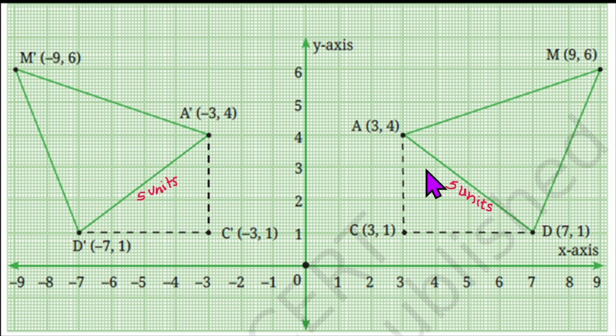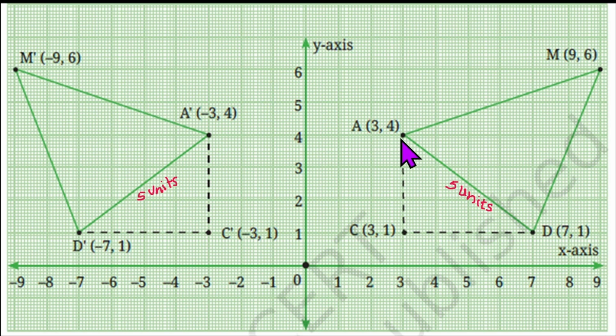And this is very interesting here. We have a triangle AMD. The coordinates are A(3, 4), M(9, 6) and D(7, 1), and the triangle AMD is reflected in the y-axis, and we get the image of the triangle AMD, that is A dash, M dash, D dash.